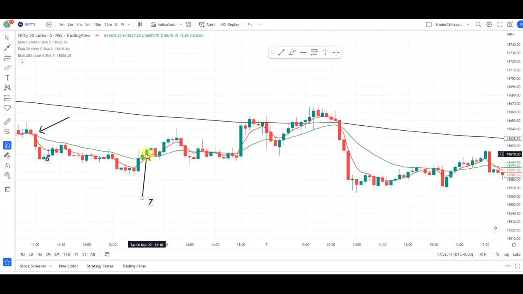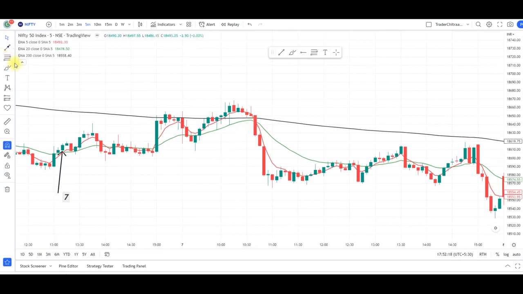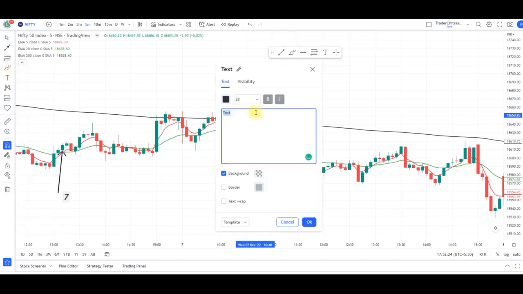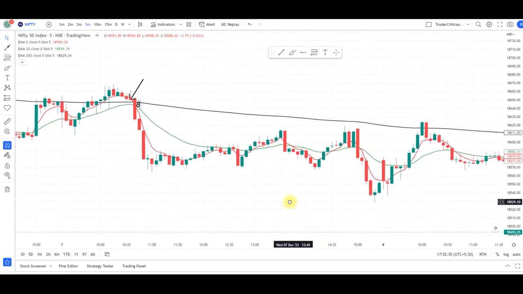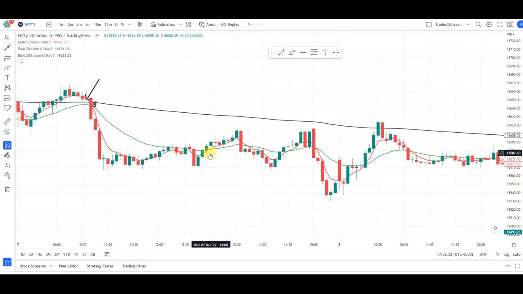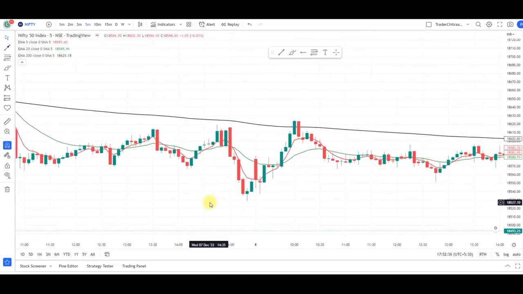So if we enter here, our target will be 200 EMA. We got our target here. And after that, this is the 8th trade. So if you see, whenever we get the 5 and 20 EMA crossover, we can enter into the long or short trade.